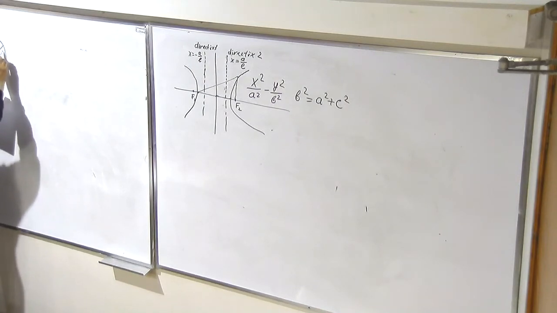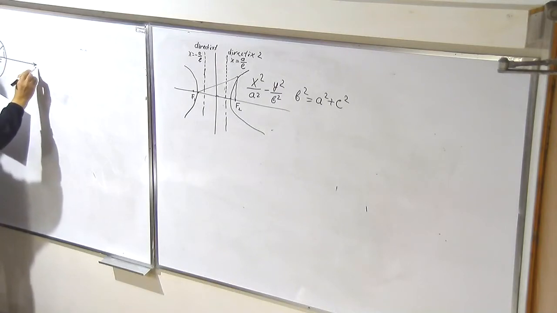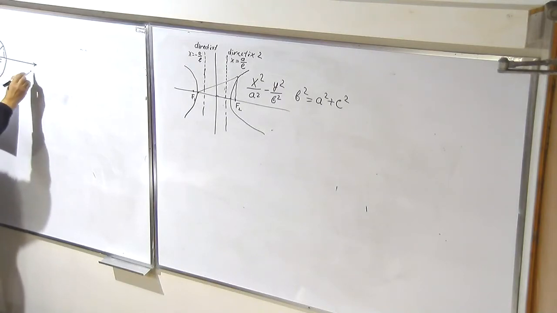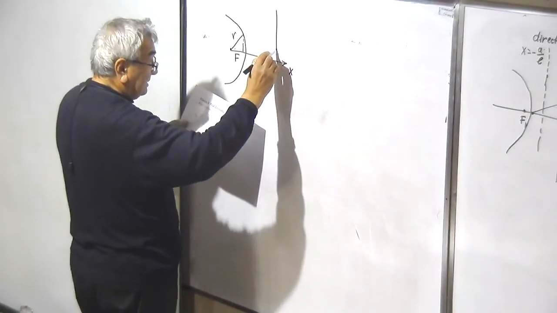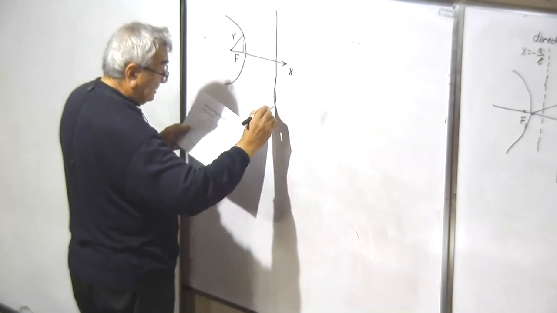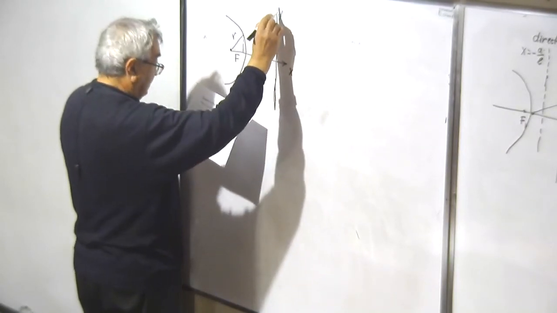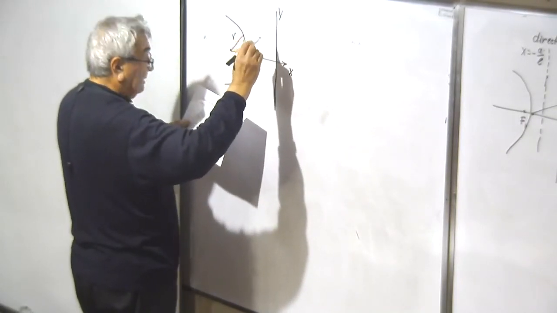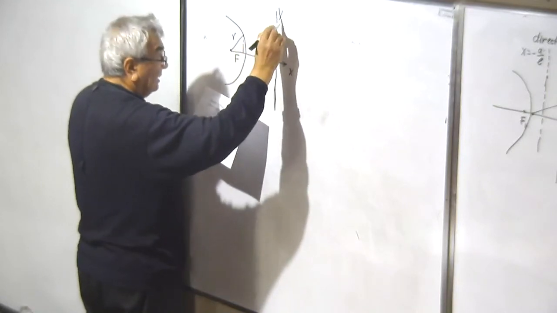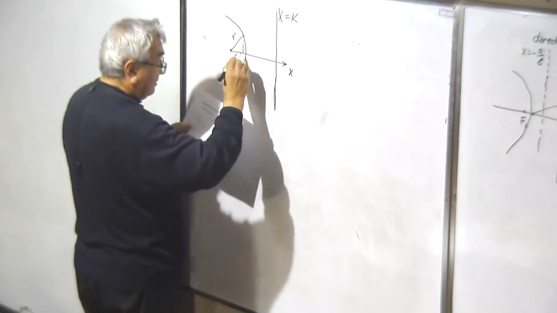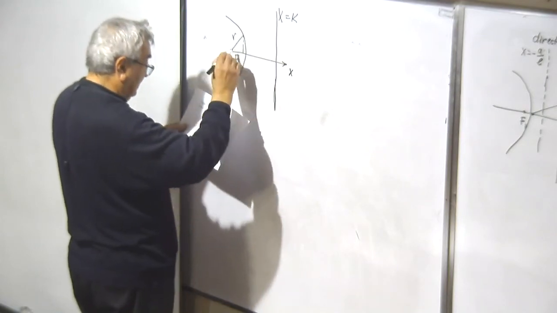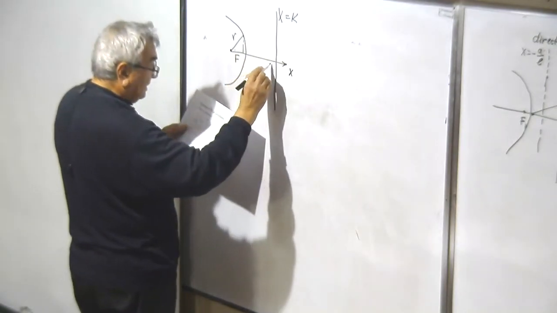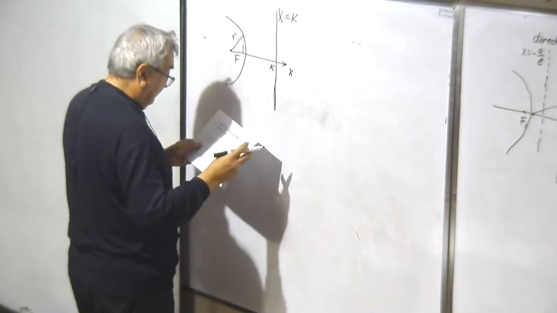Here is the initial ray, the x-axis, and here the directrix x equal to k. Because this distance from the origin is k, this has coordinate k.